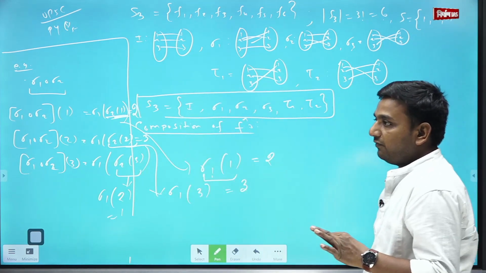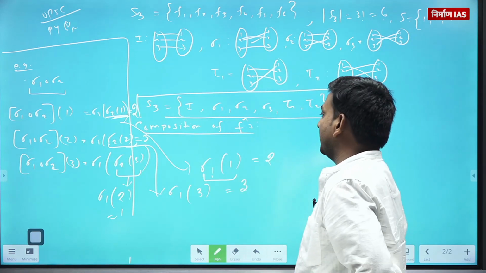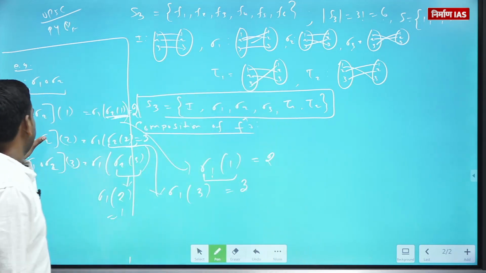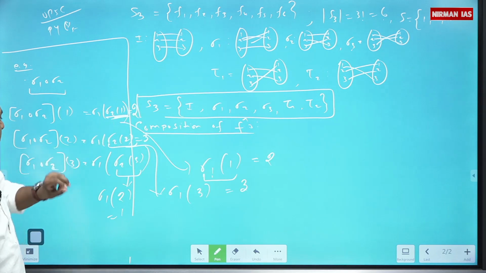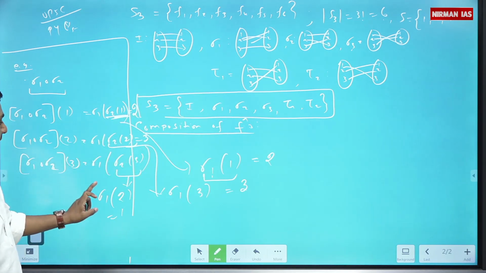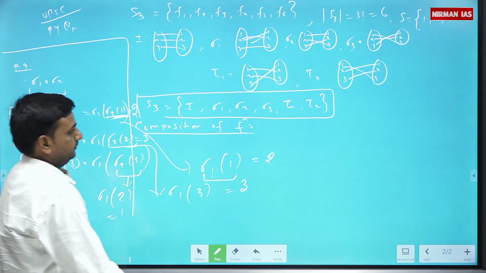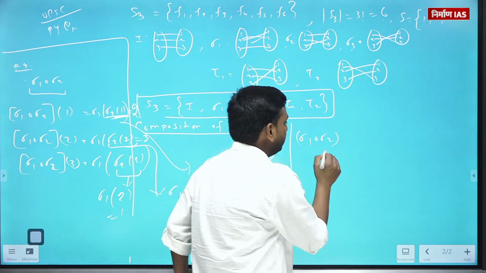So if I want to know what sigma 1 composition sigma 2 is, see, sigma 1 composition sigma 2 gives the image of 1 as 2, 2 is mapped to 3 and 3 is mapped to 1. I will write here: sigma 1 composition sigma 2.